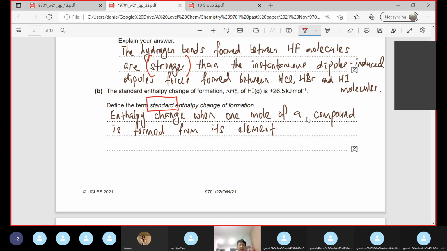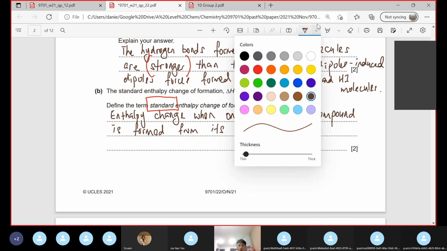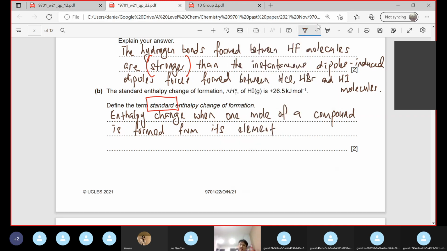So this standard basically means what? Means the standard condition. So if you do not want to write down the clear condition, means 25 degrees Celsius, 1 atm, something like that, right? Then you can just talk about from its element in their standard state under standard condition.